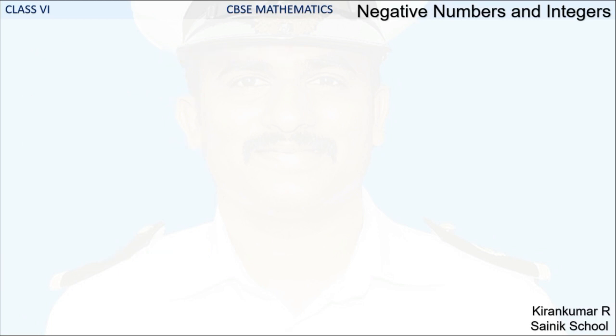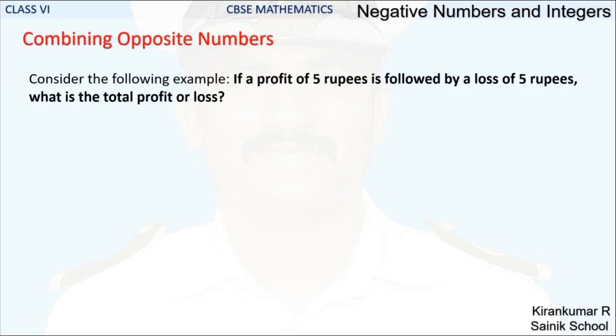Now we will learn a concept called combining opposite numbers. Consider the example: if a profit of rupees 5 is followed by a loss of rupees 5, what is the total profit or total loss?